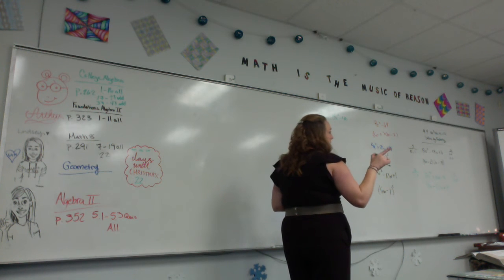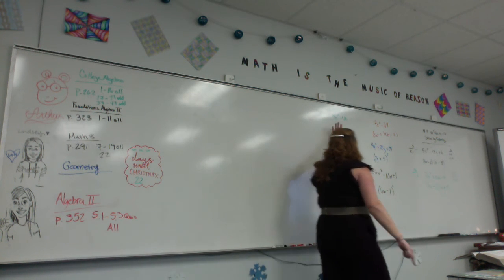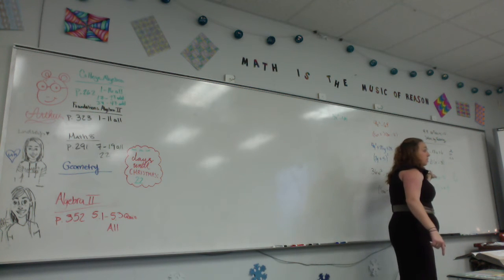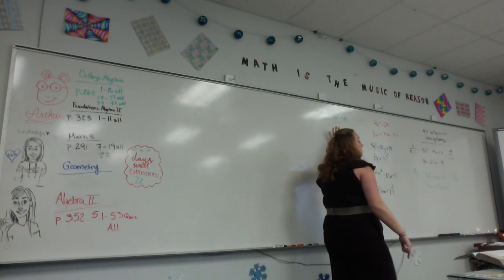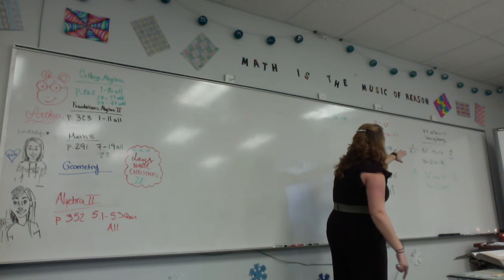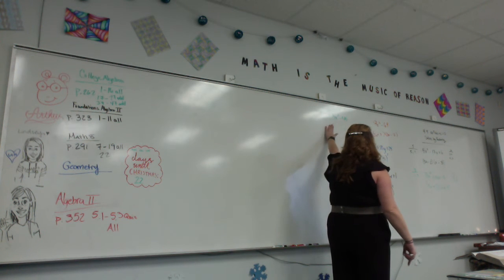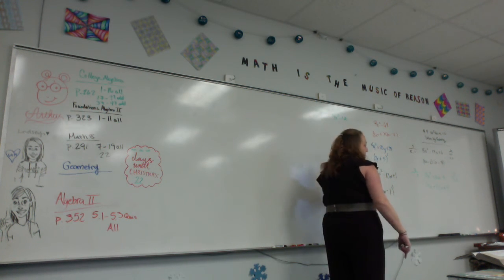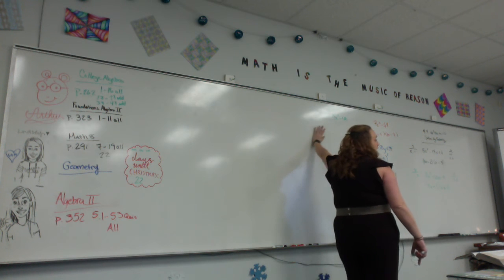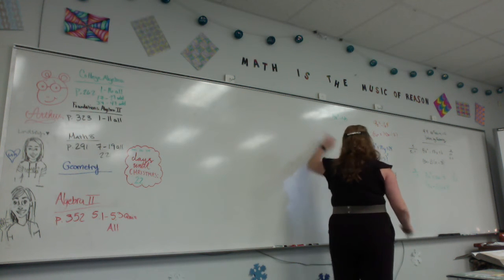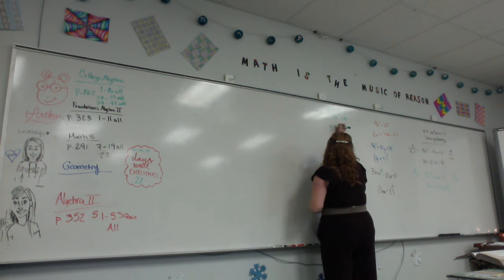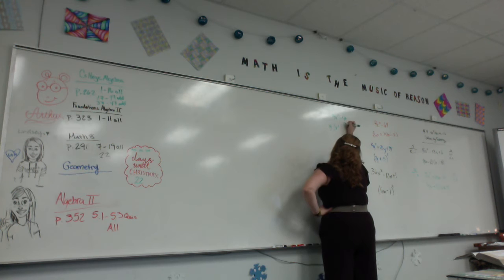No, because this doesn't have a middle to it. So ask yourself first, even on the ones that have middles, is there something that can come out of everything? Can I take a number out of this? 5. So if I take out a 5, I then have x squared minus 9, yes?